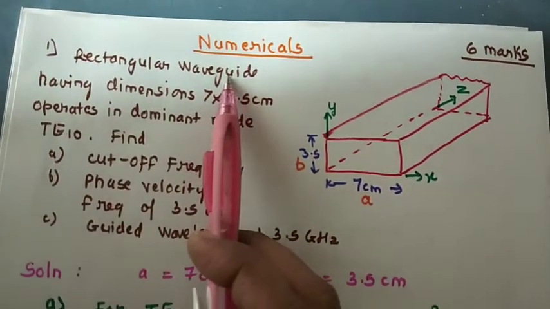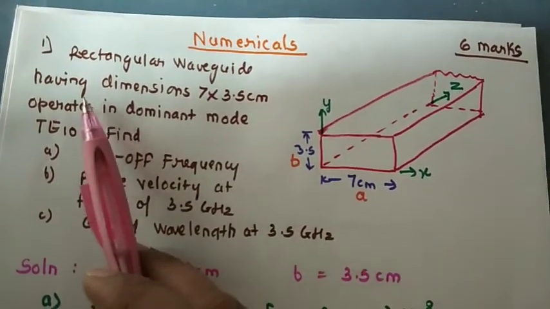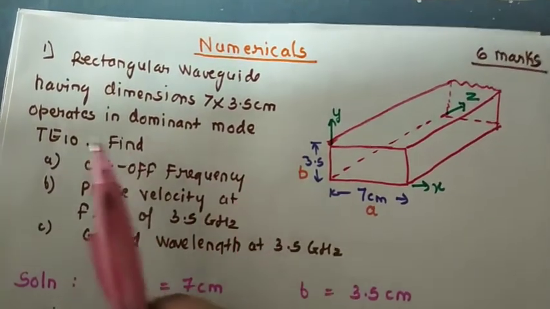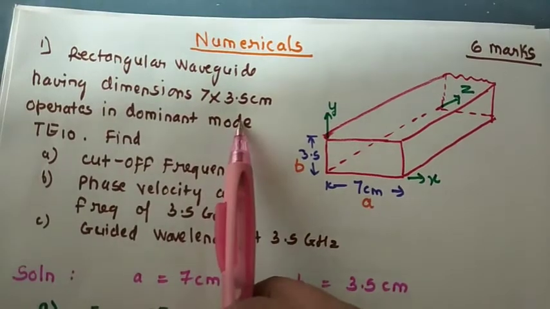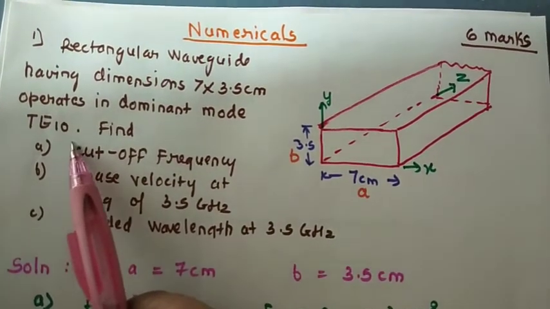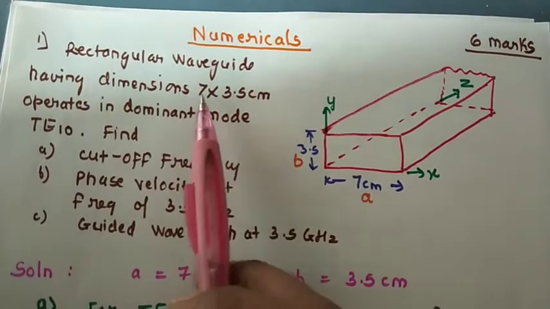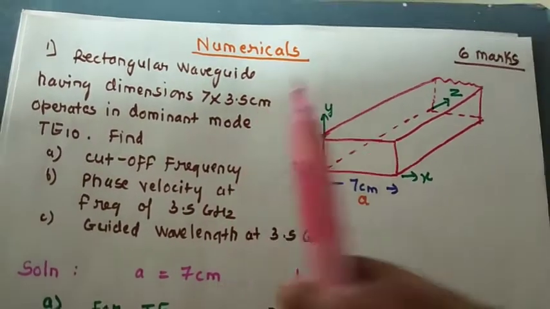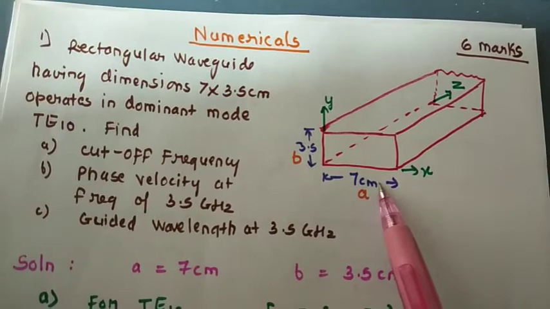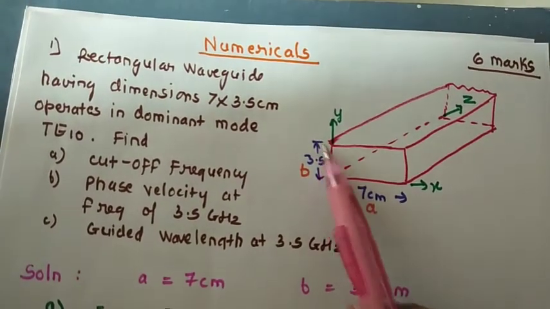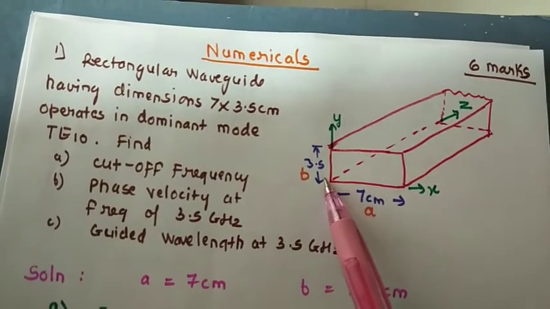The rectangular waveguide having the dimensions 7 into 3.5 centimeter operates in the dominant mode TE10. So having dimensions 7 into 3.5 centimeter, that means 7 centimeter is the width and 3.5 centimeter is the height.